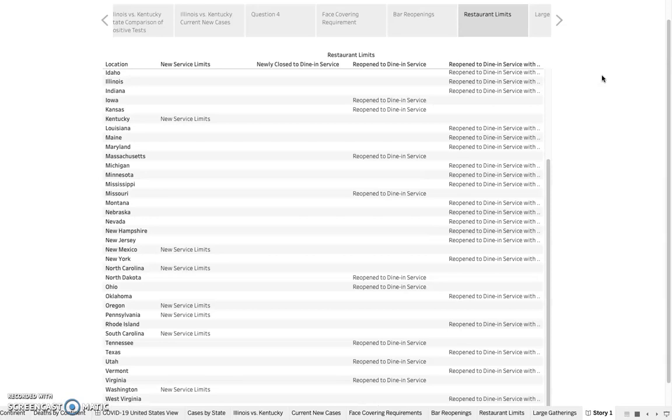Illinois has restaurants open, but with limited capacity and limited seating. Kentucky's new service limits are a rollback of the initial restaurant restrictions, which include limited seating, limited menus, and limited hours. So it's a lot more strict here in Kentucky than it is in Illinois in terms of those restaurants.